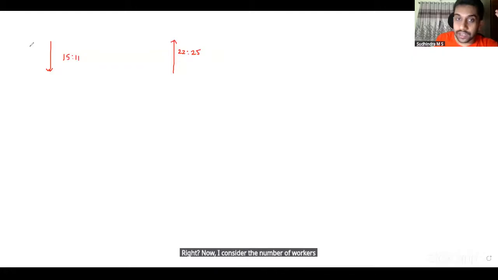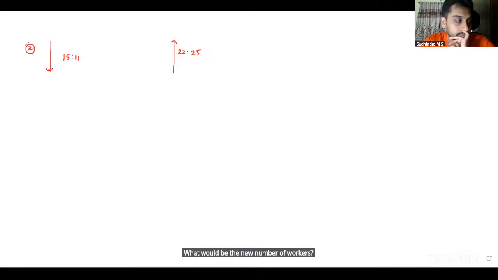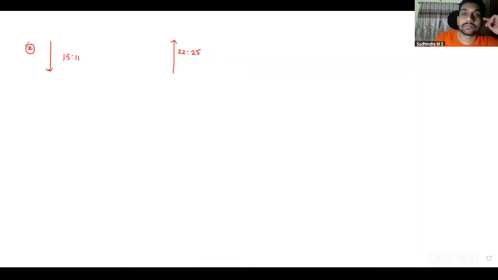Fine. So what have they given us? The number of workers reduced in the ratio of 15 is to 11. The salary of the workers increased in the ratio of 22 is to 25. Now, I'll consider the number of workers before the reduction as X. What would be the new number of workers? X into 11 by 15.